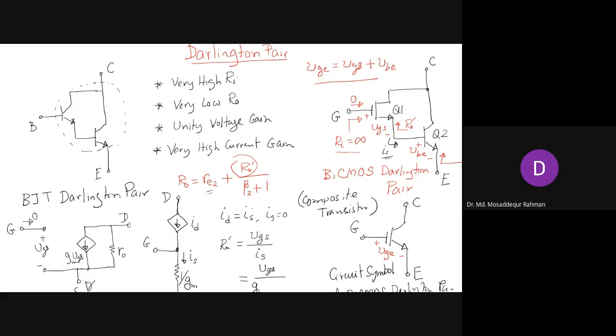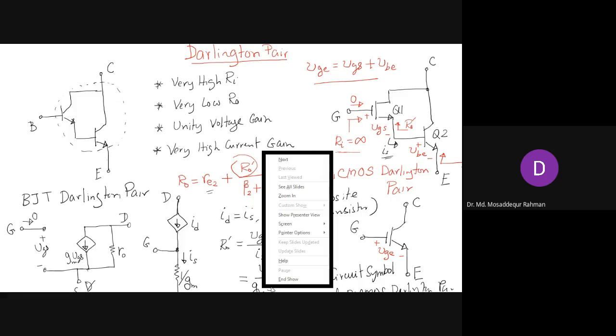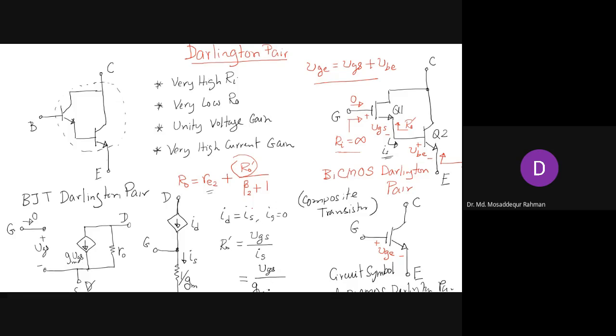So if you substitute that for IS, we have VGS over gm VGS. VGS and VGS cancel out, and you end up with 1 over gm. So that will be the resistance looking into the source of the MOSFET, which is 1 over gm.